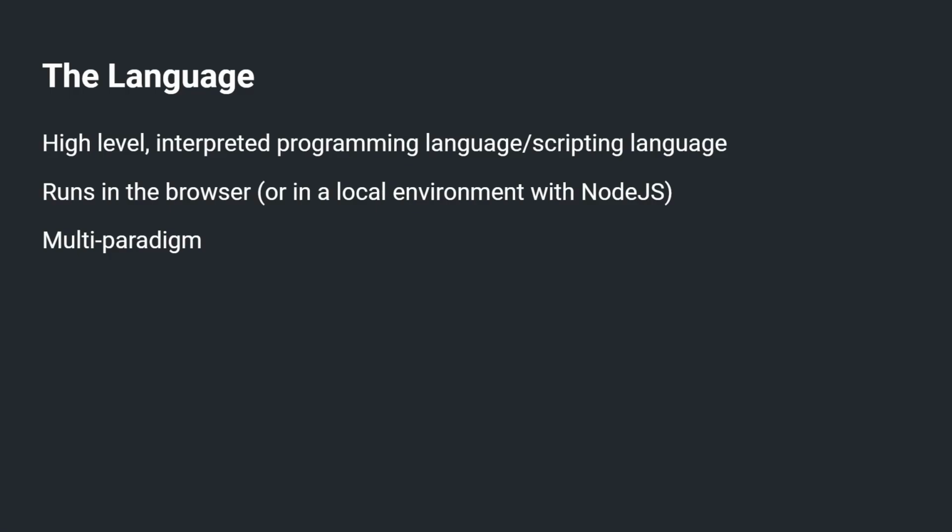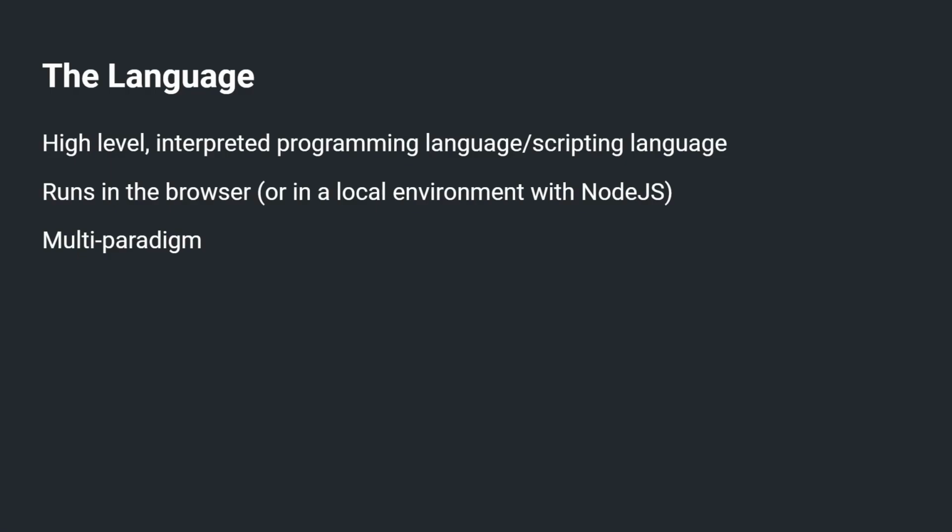I'm not going to talk too much about Node.js today, but it's good to know that you can run it there. But when you run it there, you don't have the API methods that you have with JavaScript when you program it for the web.